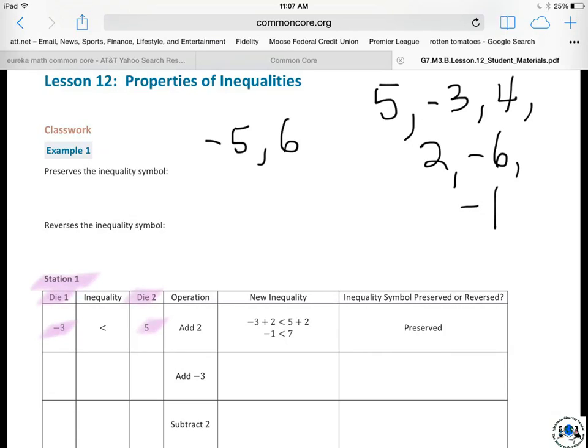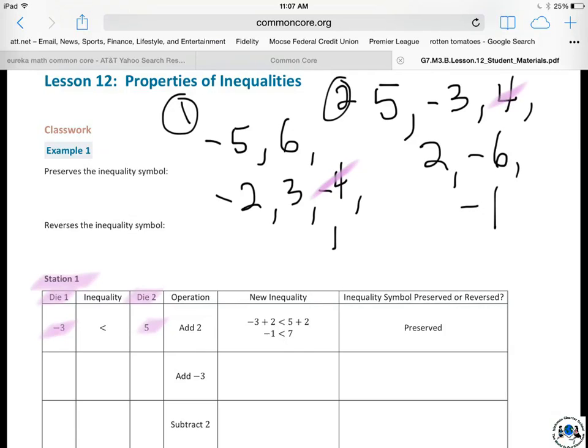It looks like there's opposites here. -2, 3, -4, and 1. So it looks like we have additive inverses of all these numbers. There's die 1, there's die 2, and I'll be quote unquote rolling those for you, so we'll all be doing it the same way.